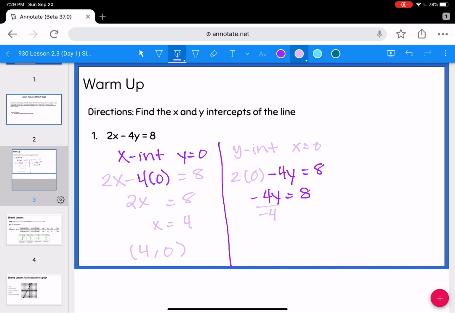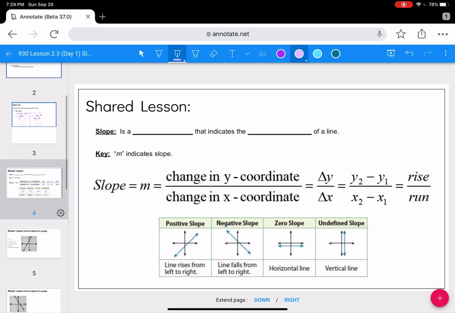Then we divide by negative 4, and we get y is equal to negative 2. How I would write this is (0, negative 2). My x value for my y-intercept is always 0, and my y value is always the number where it crosses the y-axis.